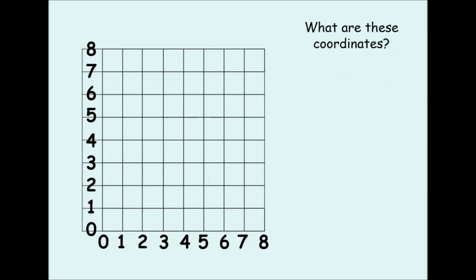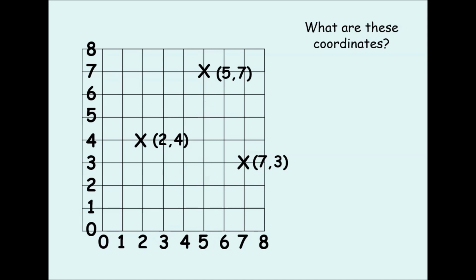This time I've got some coordinates and they're going to make a shape. There's a coordinate there. That's 2, 4. There's a coordinate there. What's that one? That's right, 7, 3. And there's another coordinate here. Do you know that one? Yep, 5, 7. Now just have a little look.